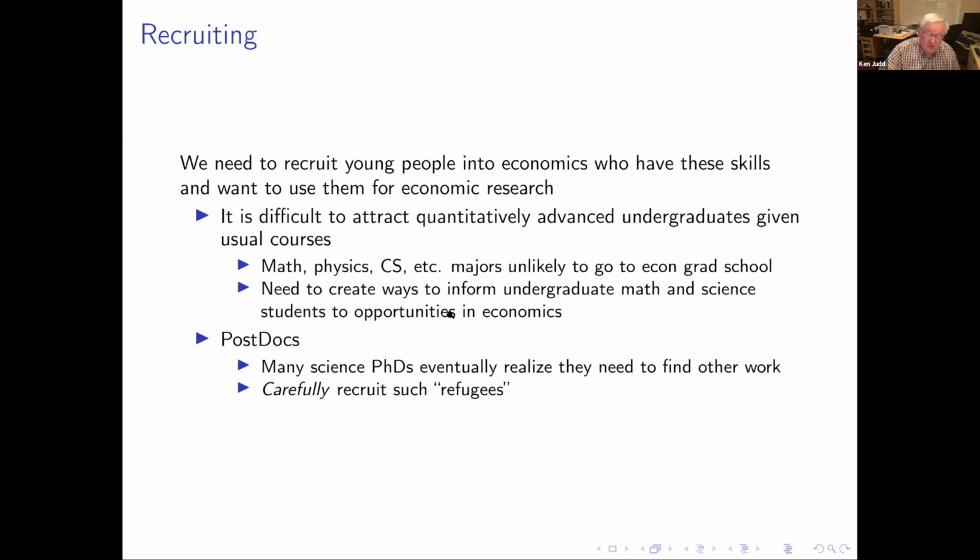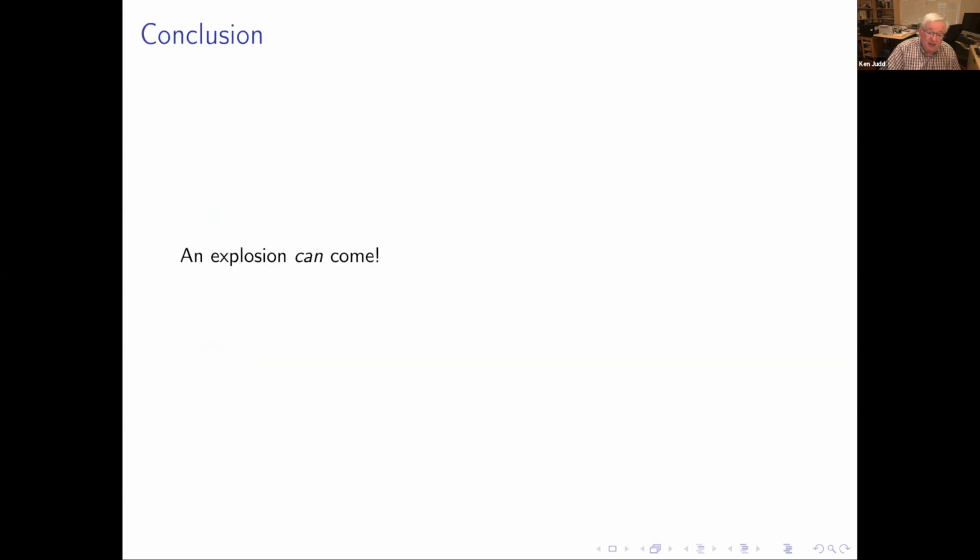So that's what we need: to recruit people with those talents and bring them into economics. That was a list of things to do. And if this strategy is followed even partly, then I think as far as computation in economics is concerned, we could have an explosion. Thank you.